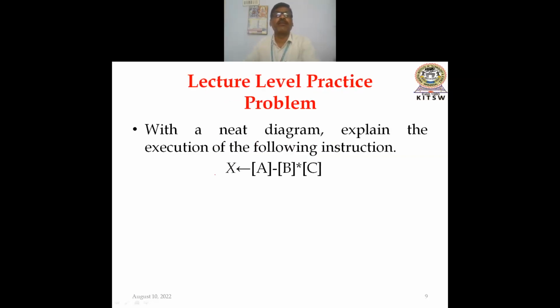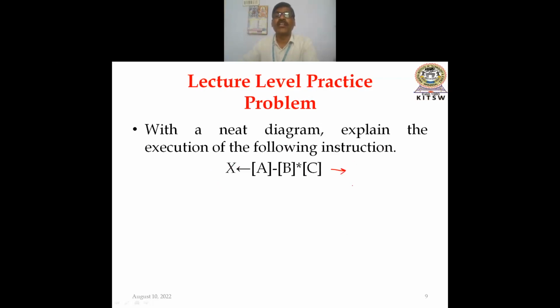Now this is a lecture-level practice problem based on today's classroom discussion topic. Try to solve this problem. With a neat diagram, explain how the following instructions will be executed.